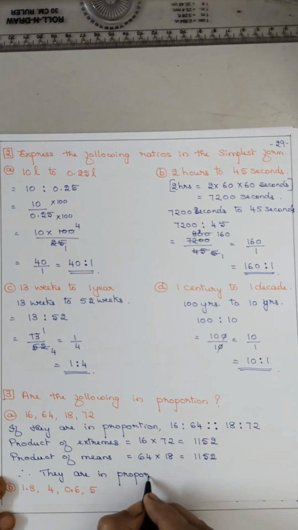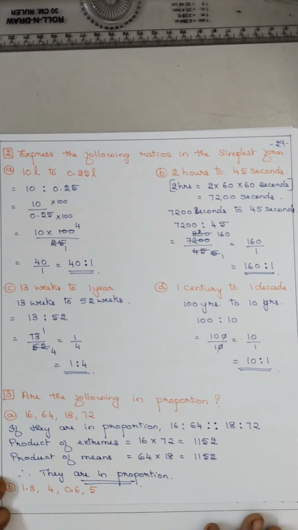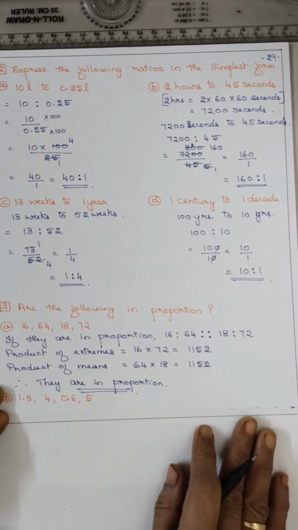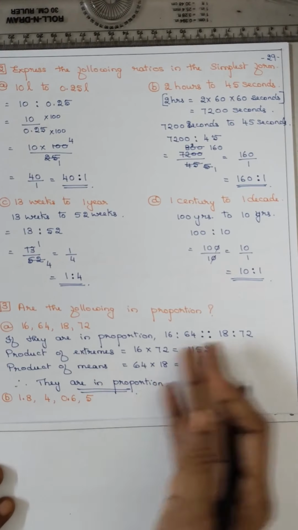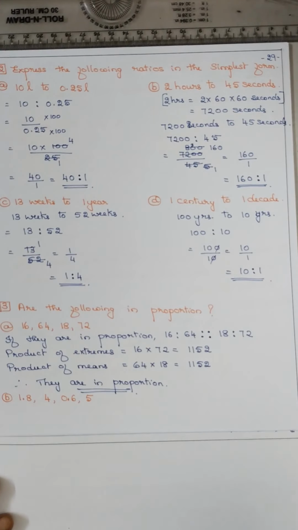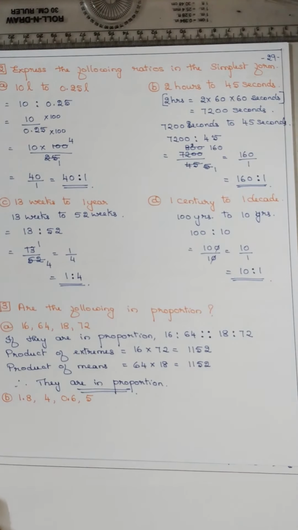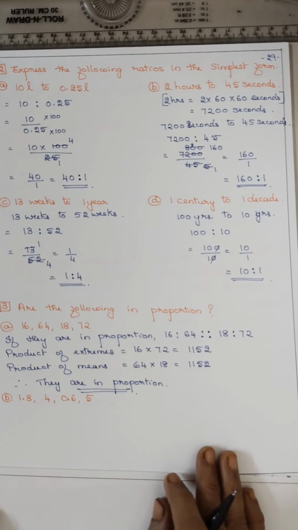Understood? So whether they are in proportion, if they ask, first you have to write how it should be if they are in proportion, and find out the product of extremes and product of means. If both are equal, then you will write they are in proportion.